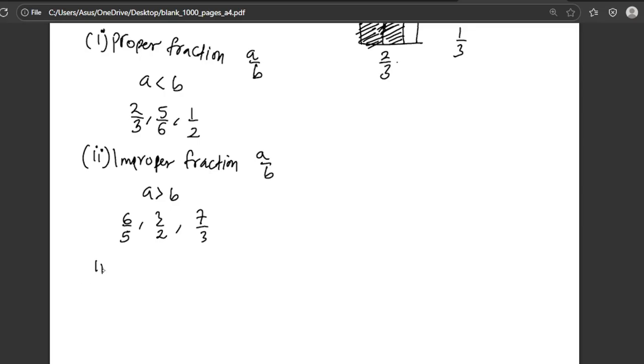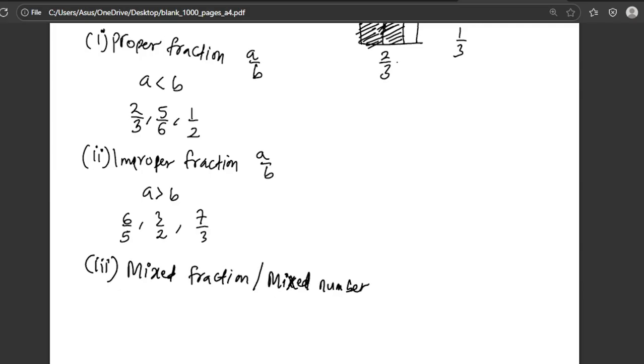And the third fraction type we have is the mixed fraction, or we call it the mixed number. We call it a mixed number or mixed fraction because it is a mixture of a whole number and a proper fraction.